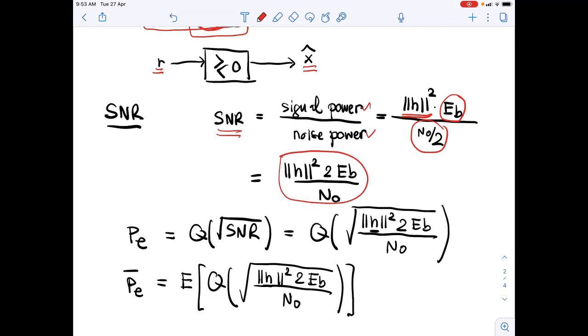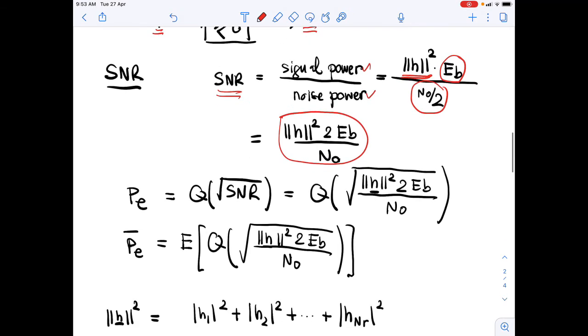Now this looks very familiar, right? Because when we want to determine bit error rate, since the noise is Gaussian, it's going to be the Q function of square root of SINR. We already determined SINR, so I plug it in. So it's the Q function of square root of the norm of the channel vector squared, multiplied with 2EB over N0.